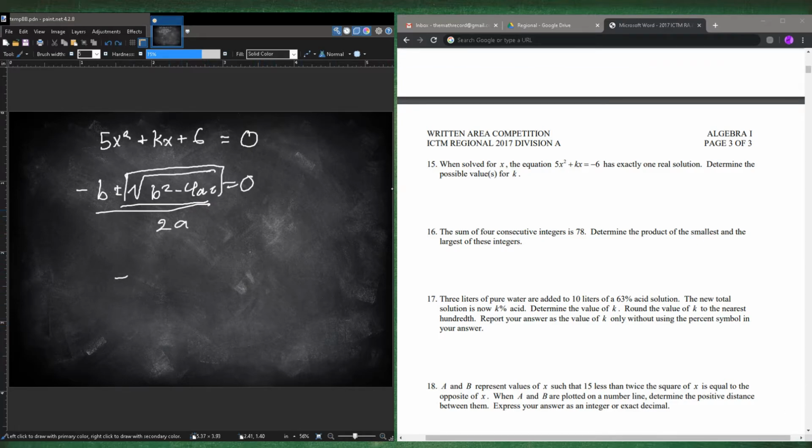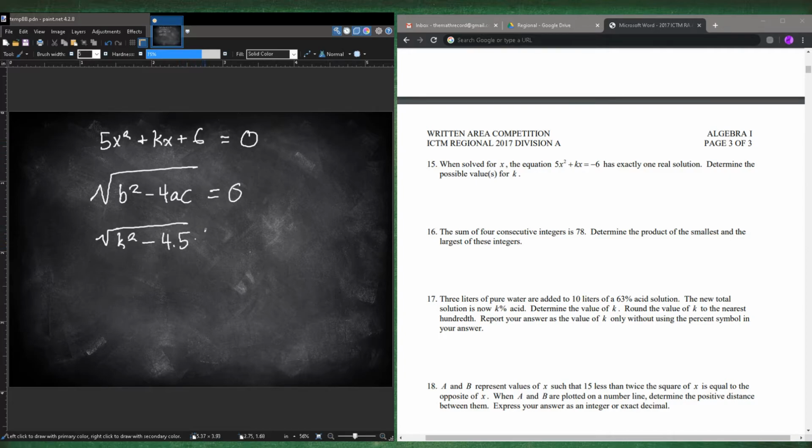So all we need to do is have the square root of b squared minus 4ac equal to 0. Using that idea, b squared minus 4ac is equal to 0. Our b is k, so k squared minus 4 times our a, which is 5, and our c, which is 6, is equal to 0.